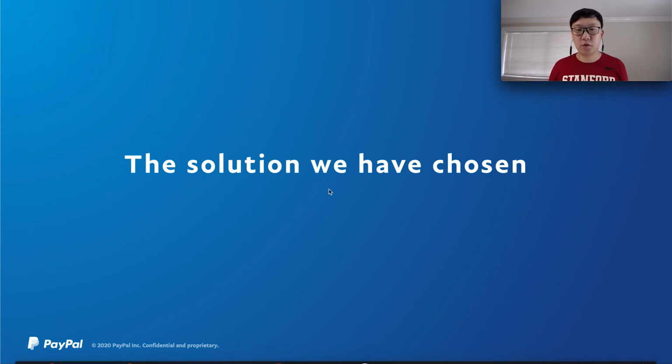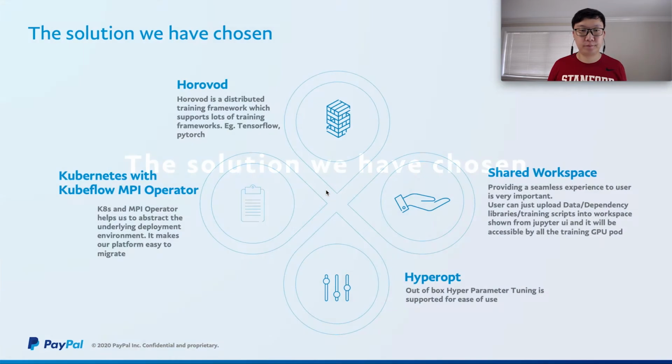Here is the solution we have chosen for our requirements. Firstly, we have chosen Horovod as the underlying distributed training framework because in PayPal, we have lots of data scientists and they use different training frameworks. Horovod can support most of them.